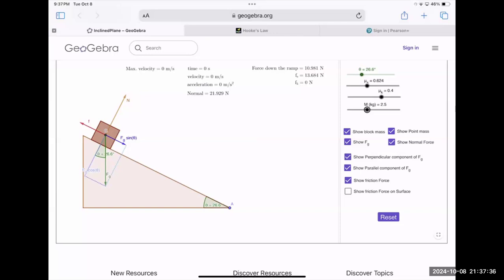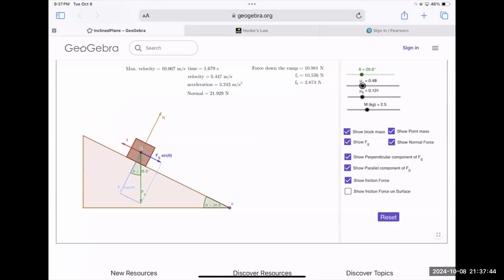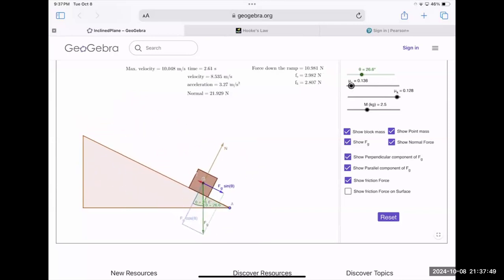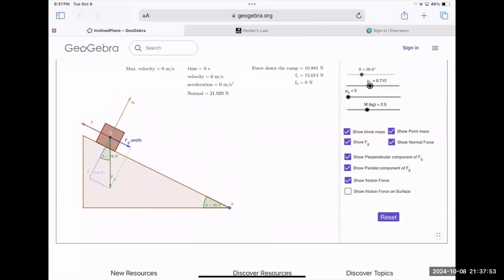And remember, this mu k cannot be greater than mu s. That's why here mu s is 0.136, mu k is 0.128. That's the maximum value it can go.